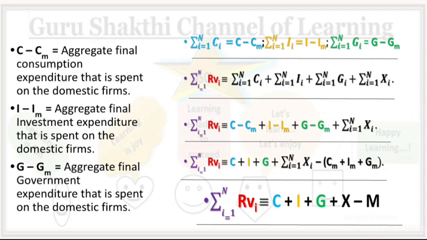Summation of revenues of all the firms is identical to C plus I plus G plus X minus M. X stands for aggregate export revenues and M stands for imports.